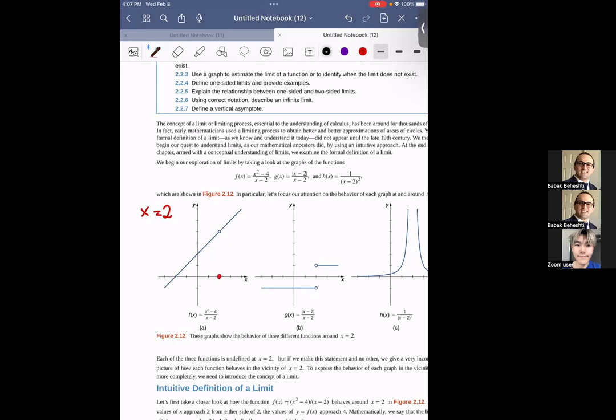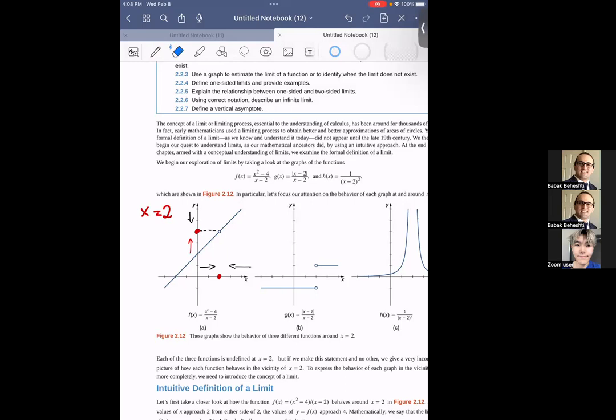either from right or from left, the value of the function approaches what? So the y values approach what point on the y-axis?